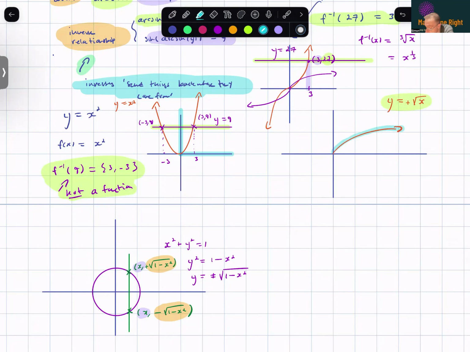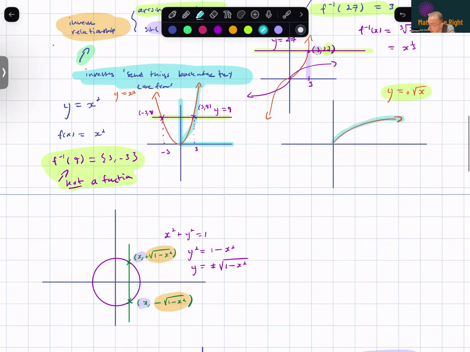That is the inverse of this part of the graph. If we take all of the points on here and exchange the x and y coordinates, we switch the x's and y's, which is actually the way that we graph inverses. We're not going to go into detail on that here, just for time.